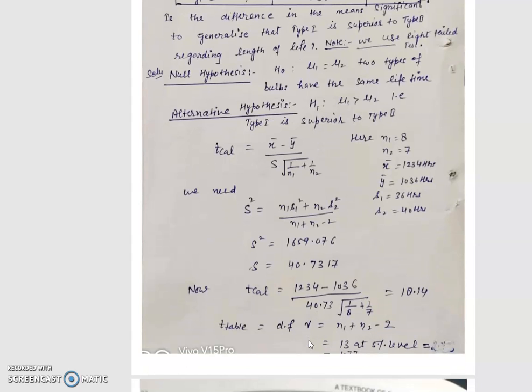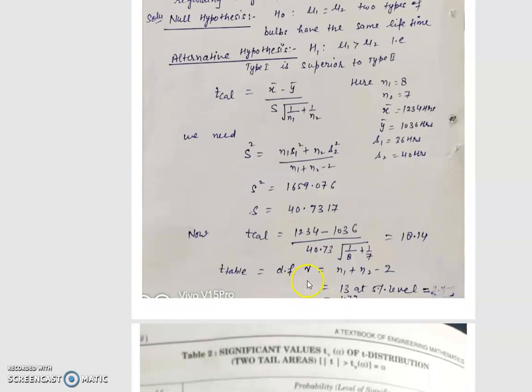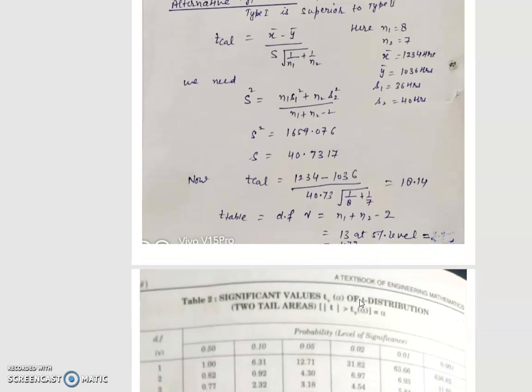Substitute all these values in this formula, find S, this is 40.73, and now find t calculated, this is 18.14. Now what is degree of freedom? Degree of freedom is n1 plus n2 minus 2, this is 13, and we have to see this 13 at 5% level, this is 1.77.